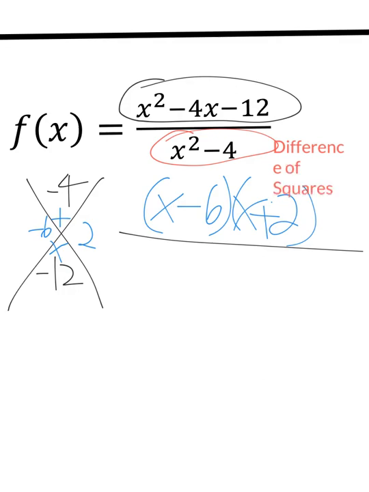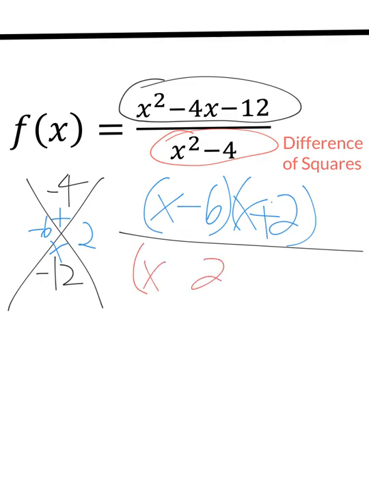So I'll say difference of squares right here, and for that pattern, all you have to do is find the square root of x squared and the square root of 4. Square root of x squared is x, square root of 4 is 2. So you're going to say one plus, one minus. And so here we see that our plus 2's are going to cancel.